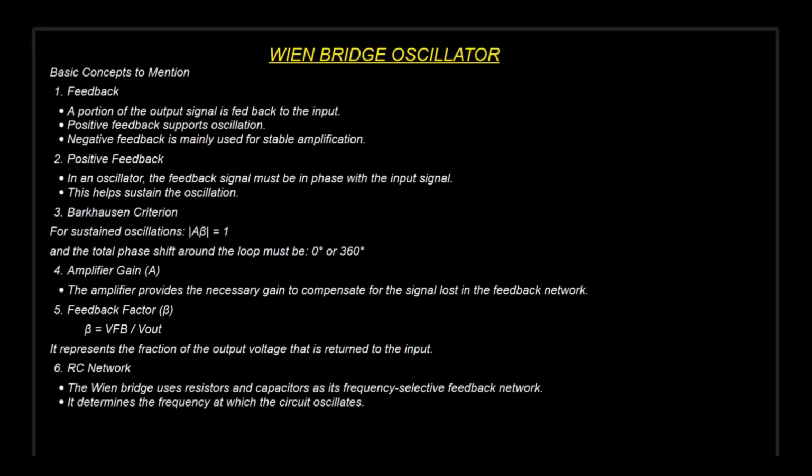In Wien Bridge Oscillator, an RC network is used as frequency selective feedback network while the amplifier provides the required gain. So this is the circuit diagram, and we take a portion from this circuit and put it into the right side for calculation of feedback network.